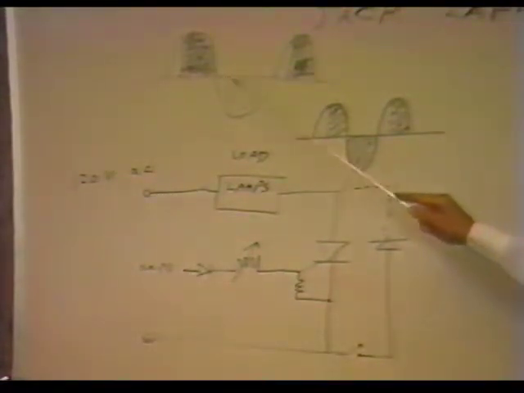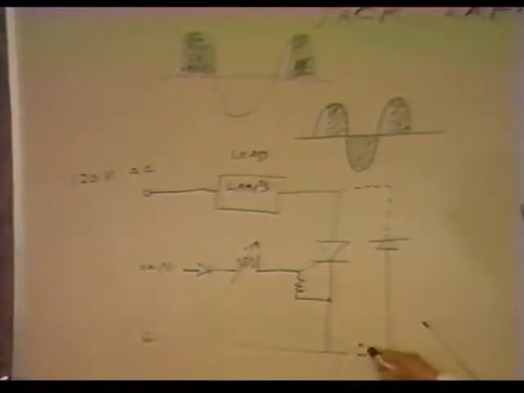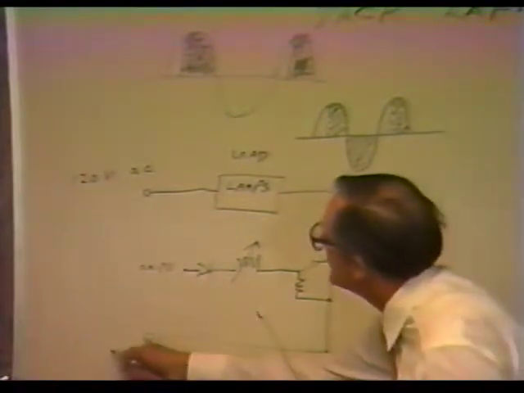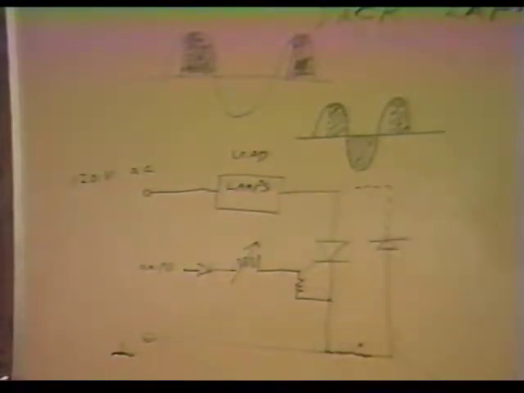Now, if you want the bottom half to conduct current, I've just made a little diode there which bypasses the SCR. We can use that with a plain switch, and with this switch closed, when this half cycle goes positive, we have current flow through the lamp, so we have a brightness.